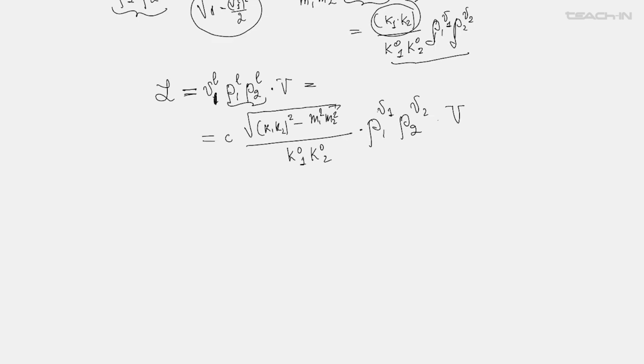Now you can see from this expression that L dt, luminosity multiplied by element dt, is a Lorentz invariant quantity because V dt is a Lorentz invariant quantity. So V multiplied by dt will be a Lorentz invariant quantity.